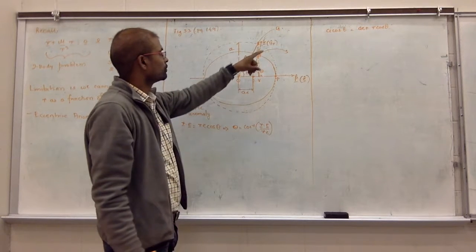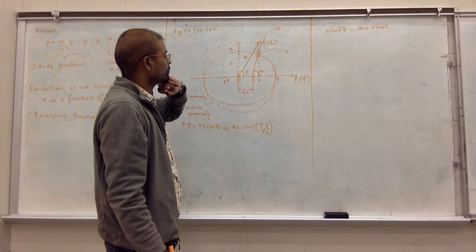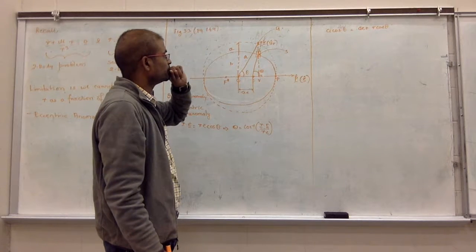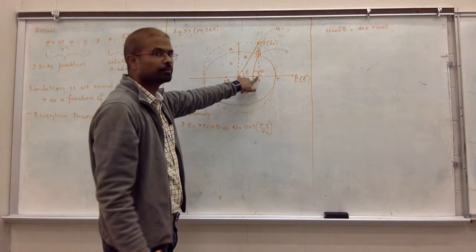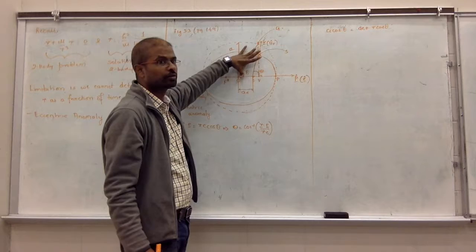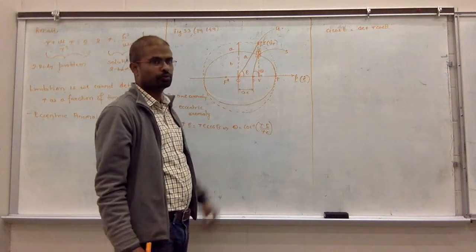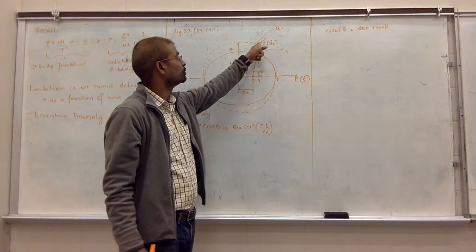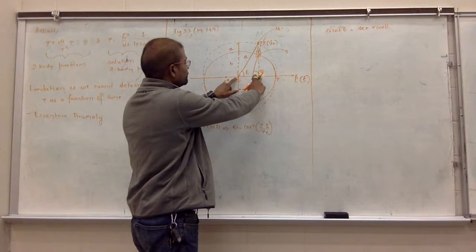What is cosine E? We've got an angle E right there. It's this distance, OV, divided by this distance, OQ, which is A. So A cosine E is this distance, OV. You agree?